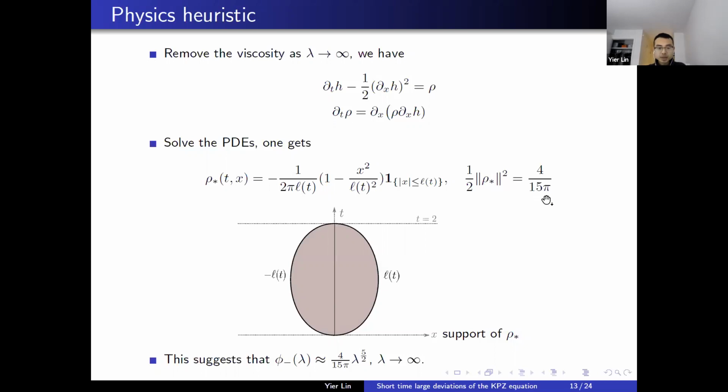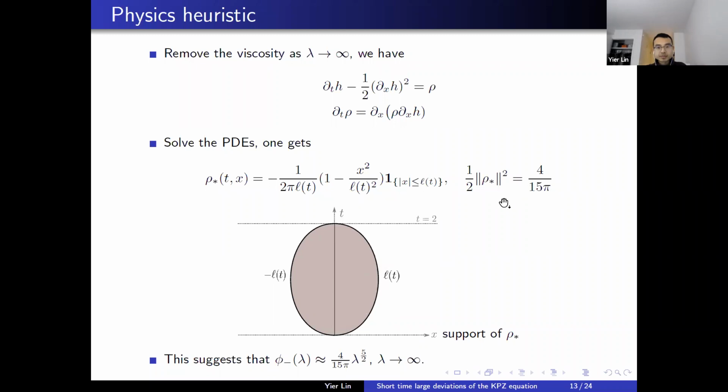And one other thing we may use later: this rho star is supported, because of this indicator, in some lens shape, where your L(t) is some curve starting from 0 and ending at 0 when you go from time 0 to time 2.